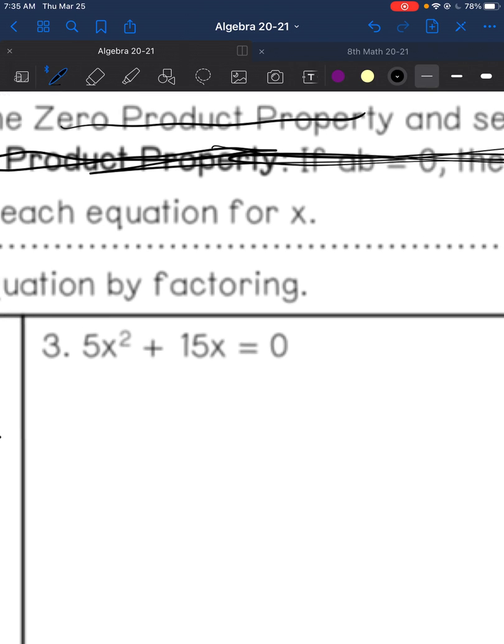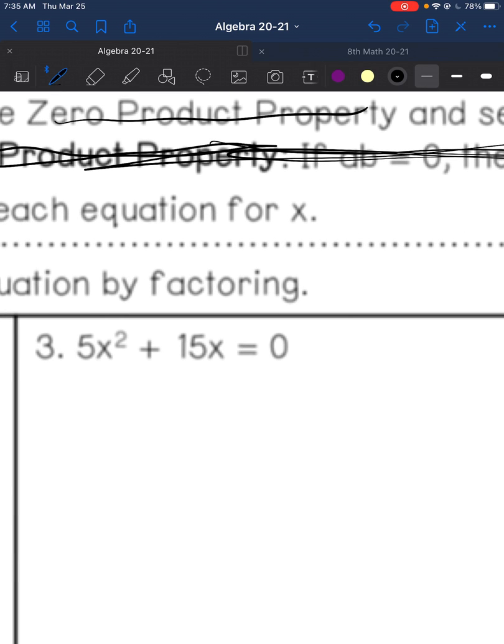We also need to remember greatest common factor. We have a common factor of 5 and x, so I'm going to take 5x out, and that leaves me with x plus 3 equals 0.